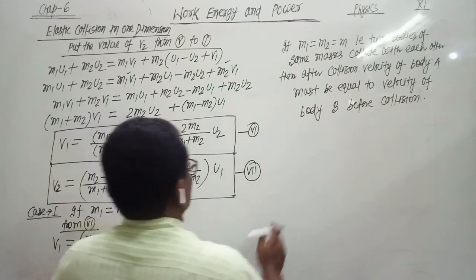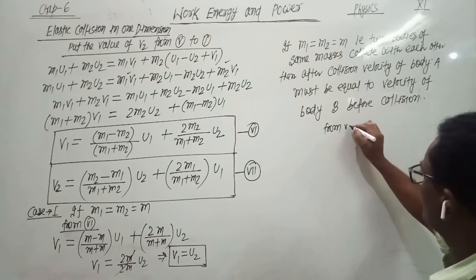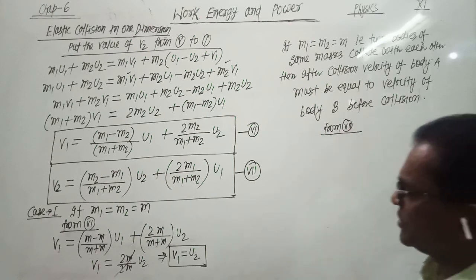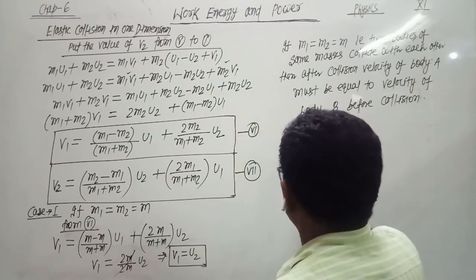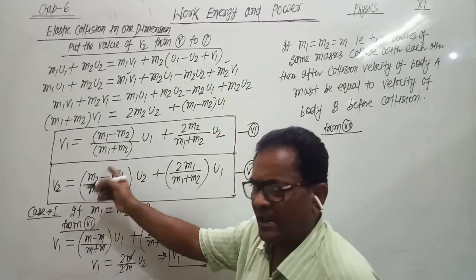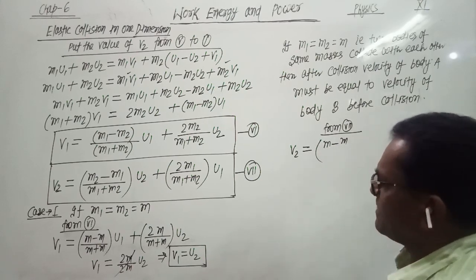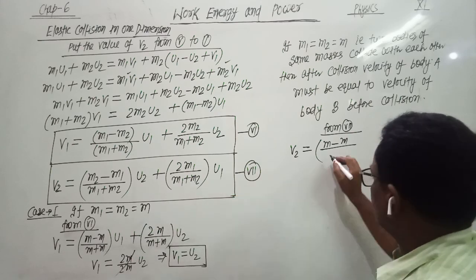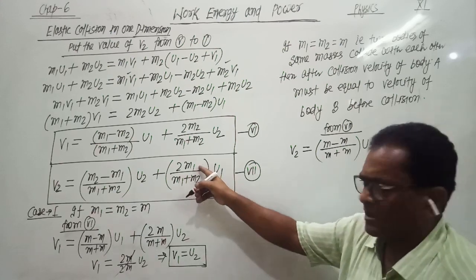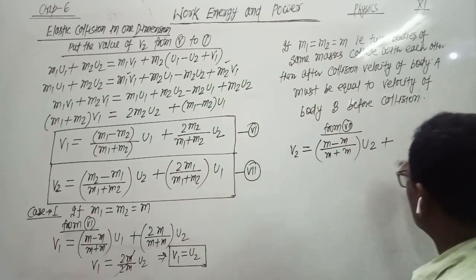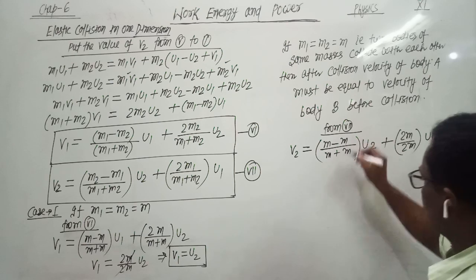And from equation number 7, when we put m1 equals m2 equals m, then we get v2 equals, in place of m2 and m1 we put m, so (m minus m) upon (m plus m) into u2, plus 2m upon (m plus m), that is 2m upon 2m, into u1.